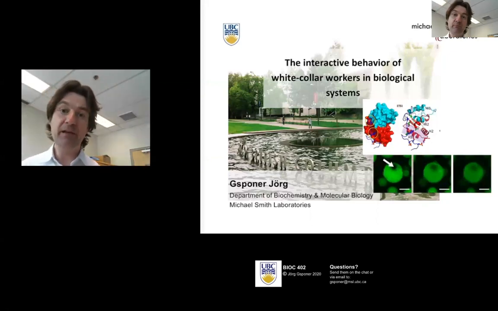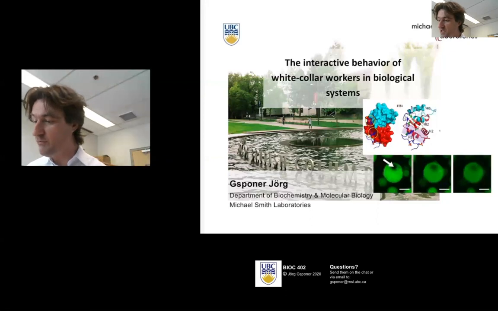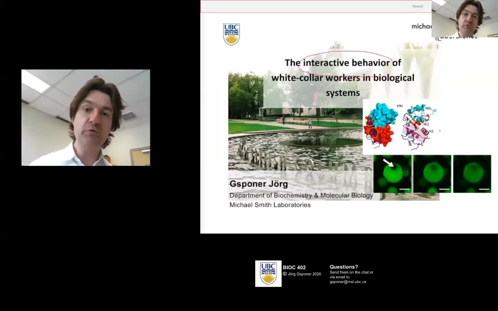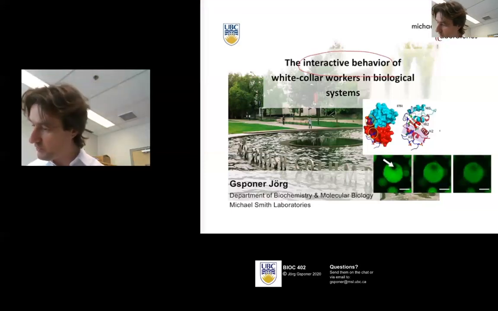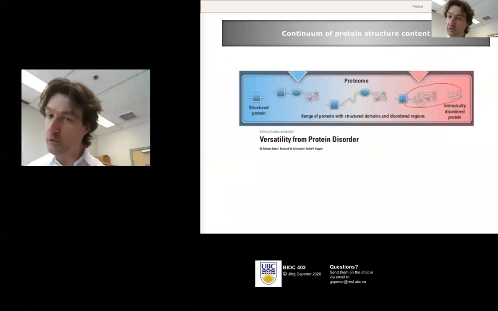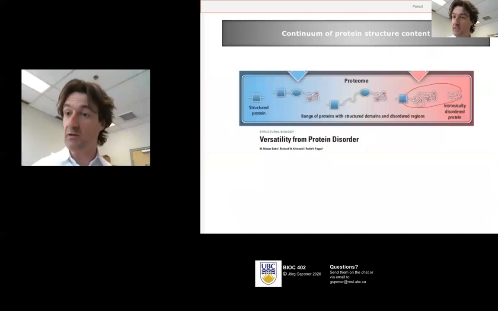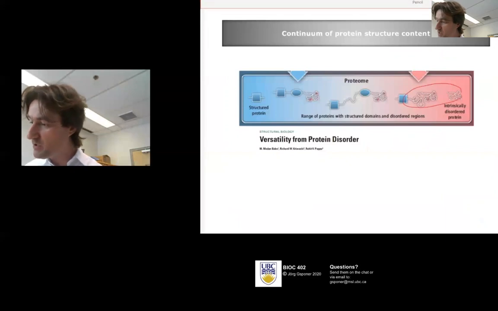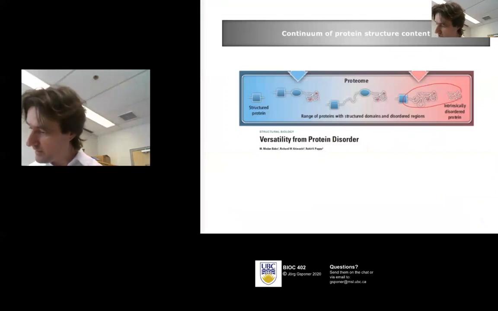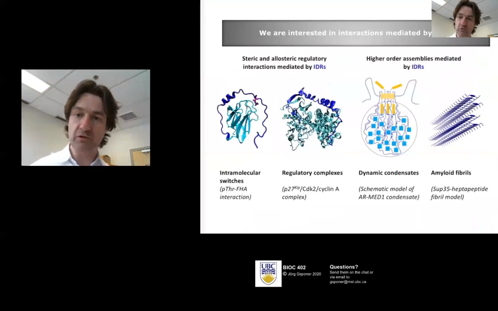So my lab, in the most general terms, is interested in investigating the interactive behavior of proteins with large disordered regions. These are protein regions that lack a unique tertiary structure in isolation, but despite that, they can still play very important regulatory roles.